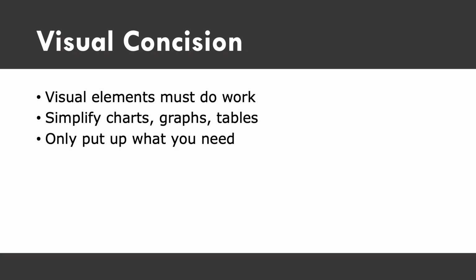Nobody in a general audience is going to sit there at that table and puzzle through all of these values. You need to be as visually concise as possible, and the driving force behind that is to think about what work these visuals are doing for you. You just put up what you need to get to your conclusion. You don't need to put up all of the information you've ever collected, just what gets you to that conclusion.